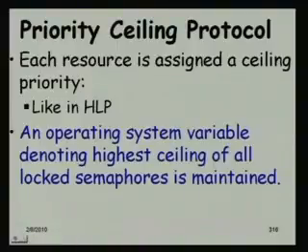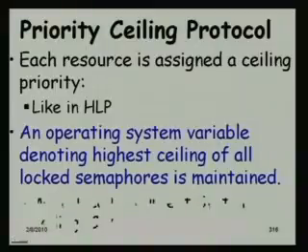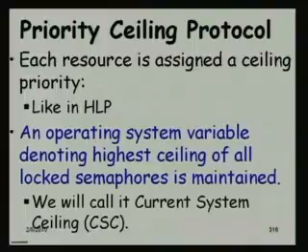So, if R1, R2 are two resources being used and they have ceiling values of C1 and C2, then the operating system variable will get the maximum of C1 and C2. This variable, which we will call the current system ceiling or CSC, stores the highest of all ceiling priorities of the resources under use.